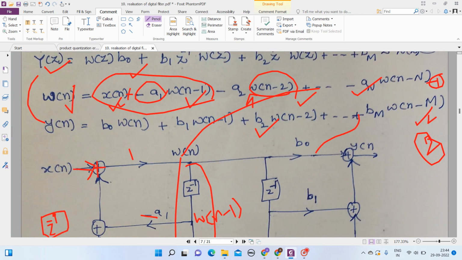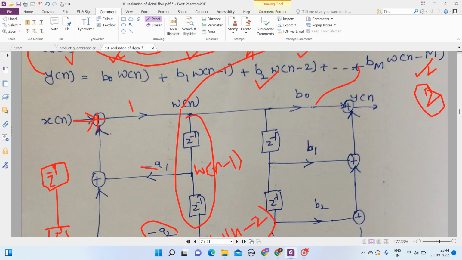So now I have drawn the first equation structure. Now I have to draw the second equation structure. Here y of n is my output, and b naught, b1, b2 are the coefficients. w of n, w of n minus 1, w of n minus 2 are my inputs. y of n is my output.